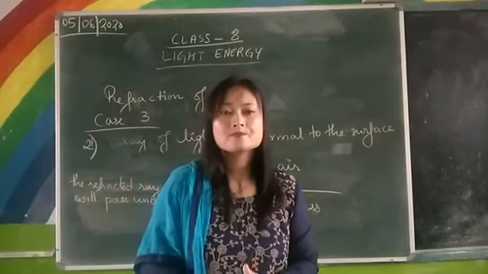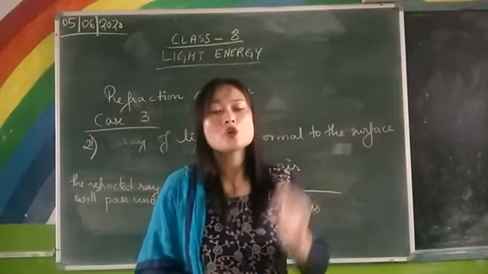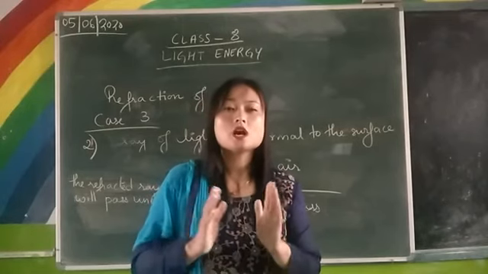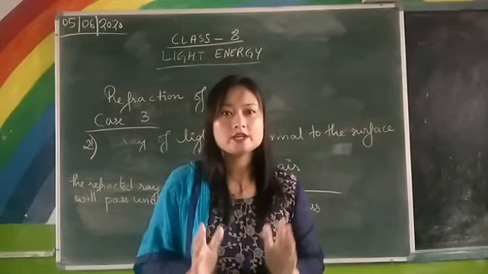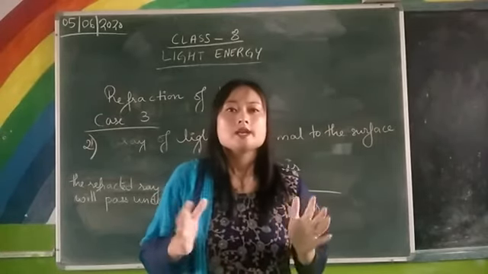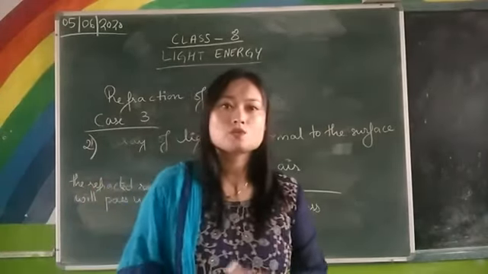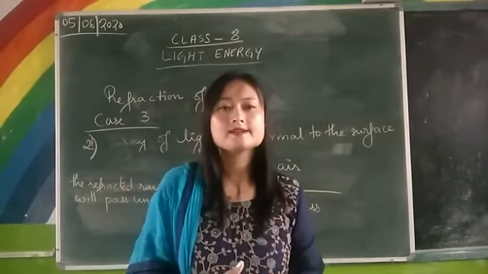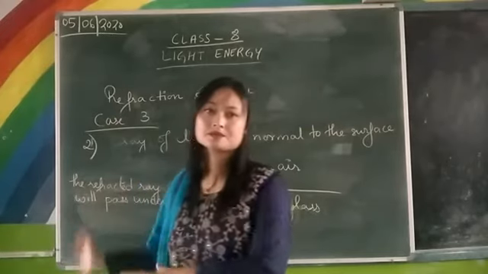And the third case, when the ray of light falls normally on the surface, then the refracted ray will be undeviated. Okay, so in the next class, we'll further discuss what incident ray is, what refracted ray is, what normal is. So we'll stop here for today.